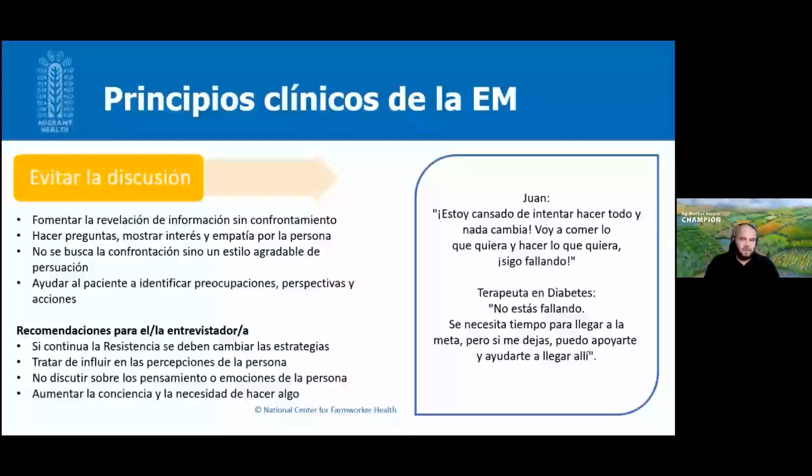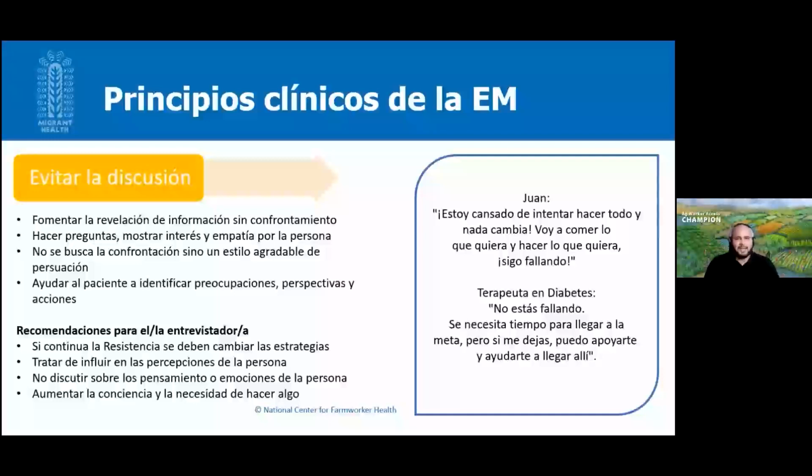As counselors and therapists, we may have our own ideas, our own perspective about health, but it's important that we take off the counselor or therapist cap and share the same perspective as the patient. At last, we need to increase the awareness of the problems.